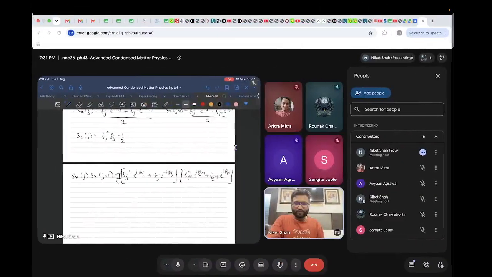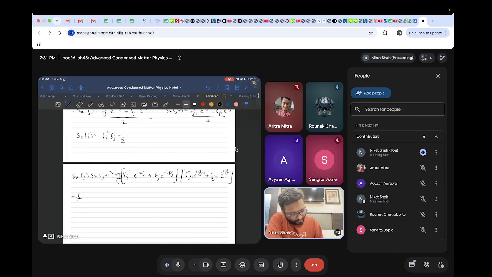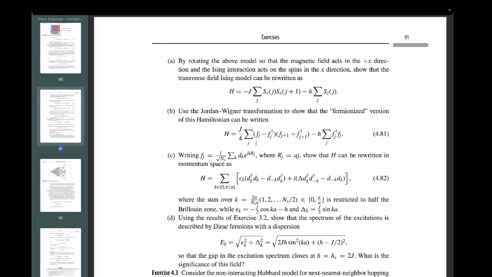So now this is equal to, let's say, J by 4, F_j dagger e^{i phi_j} F_{j+1} dagger e^{i phi_{j+1}}. Wait, do I have a Hermitian conjugate as well in this? No, I don't.